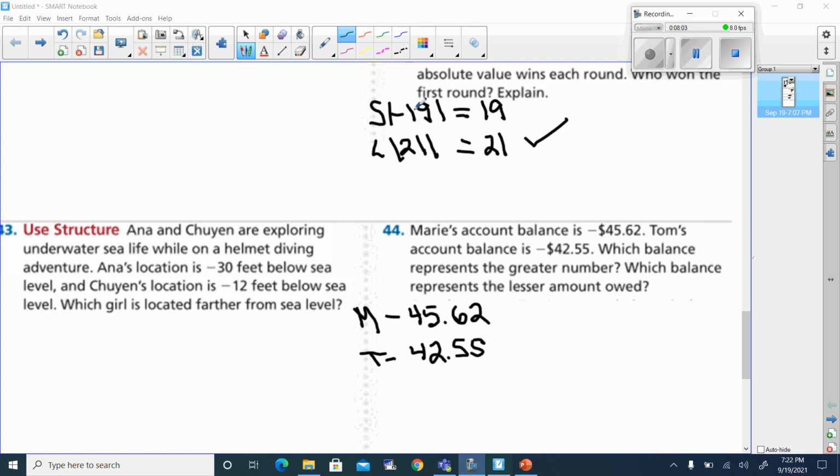Let's put these on a number line so it makes more sense to us. If this was my number line and this was 0, well, Marie's account balance was -45.62.